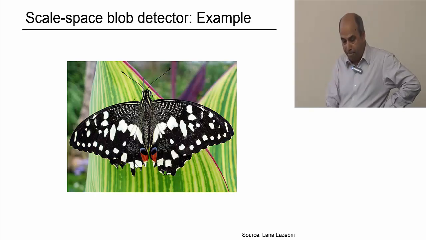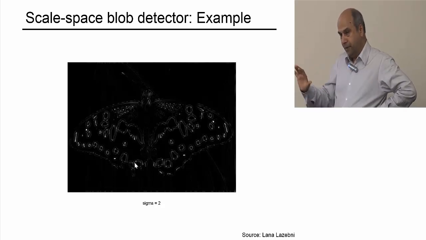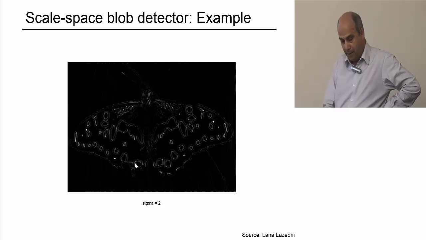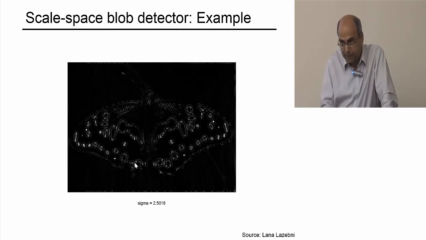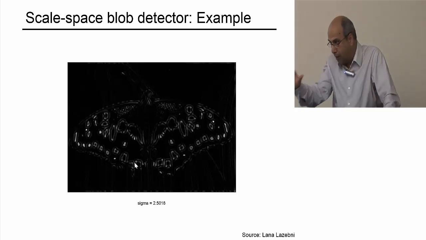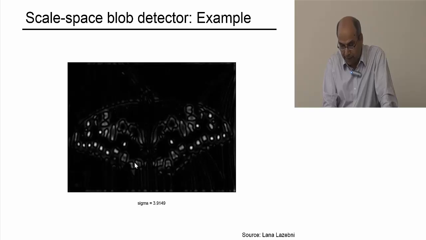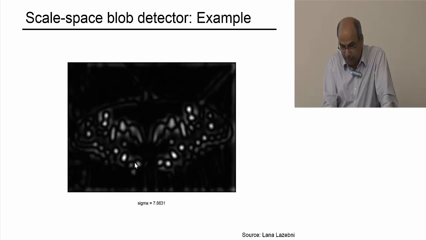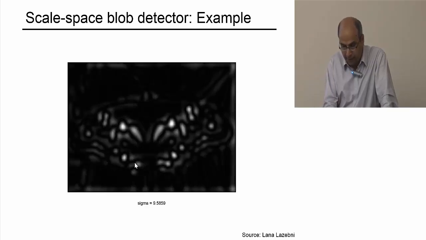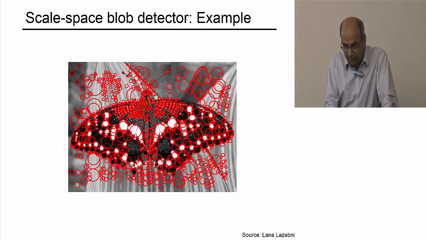Suppose this is the image, okay? We apply the sigma filter to this one. This is the response, yes? And you apply another sigma. This is the response. Now sigma is 2.5. We apply it to the whole image, okay? Then we apply it to the whole image again with 3.1, and all this, 4.8, 6.1, 7.6. We keep increasing the sigma, yes? So we get lots of these, 9.5, 11.9, and keep going.